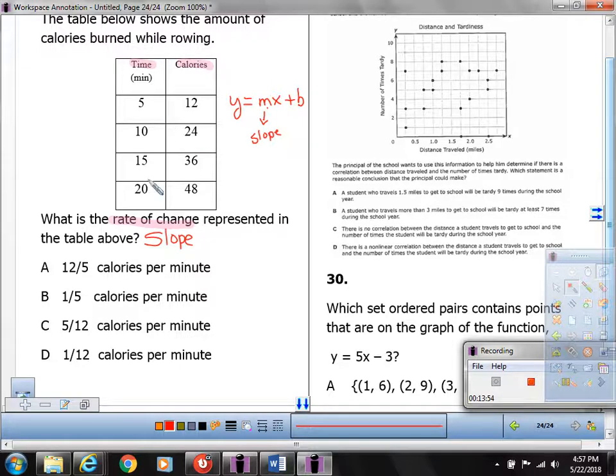So we could put this in spreadsheet, and we could get the equation, the linear function, and find out what this number is. You could also use a formula. I know that back at the beginning of the year, we did actually use the slope formula, which is this formula right here that I'm writing down. M equals y2 minus y1 divided by x2 minus x1.